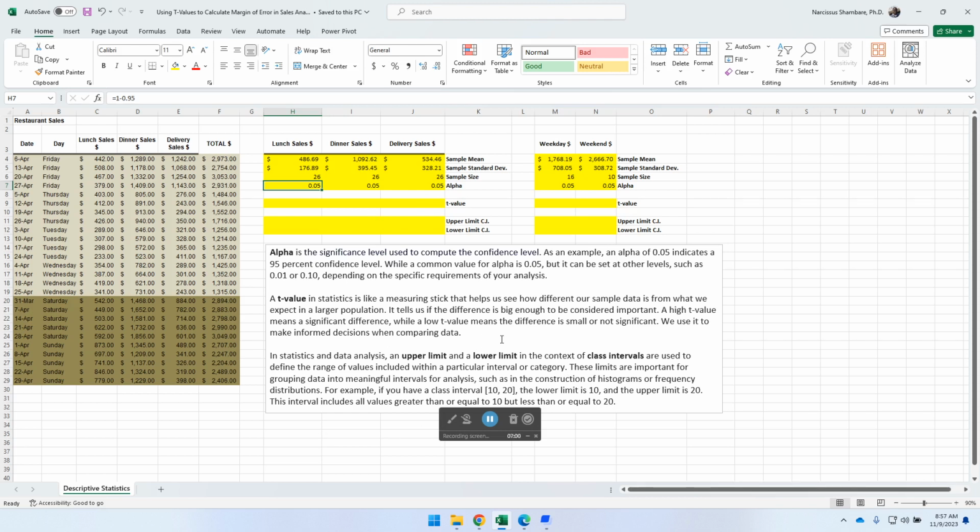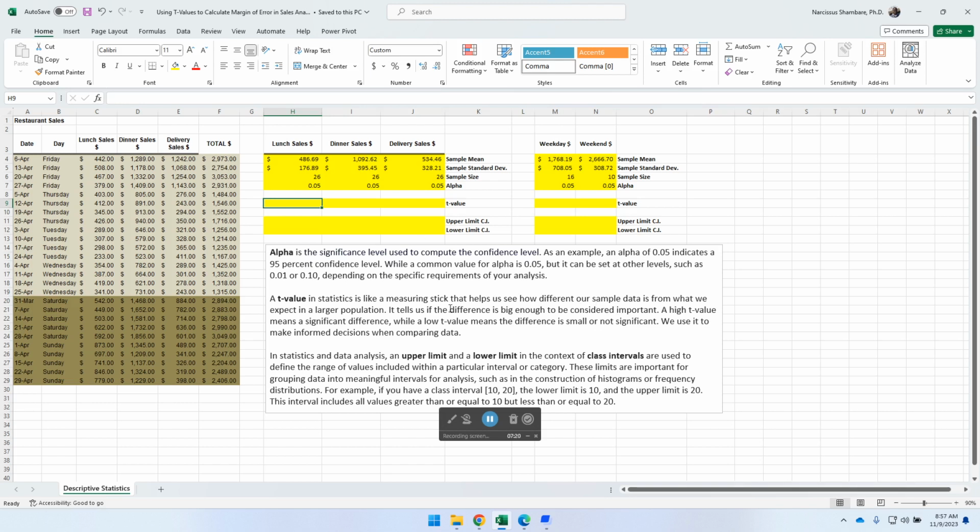Now that we have a grip on the working definitions of the alpha, the t-value, as well as the upper and lower limit, we can go ahead and calculate the rest, right? So here, the t-value statistic can actually be read out of a table.